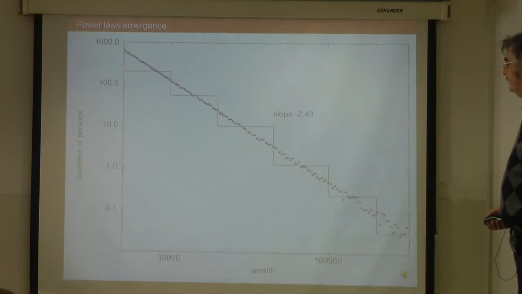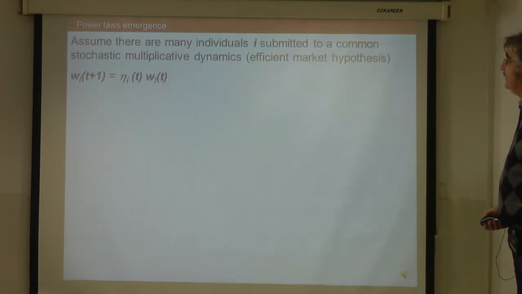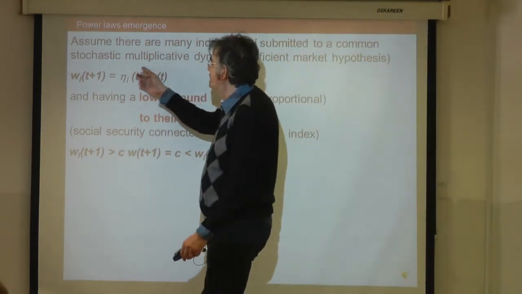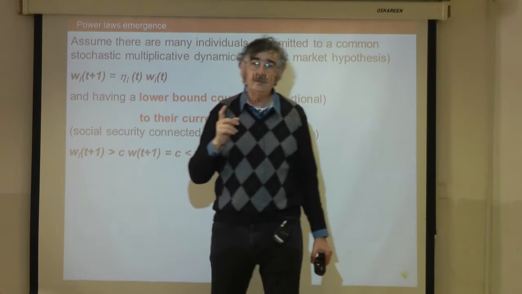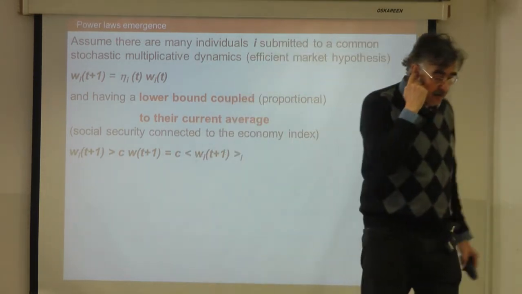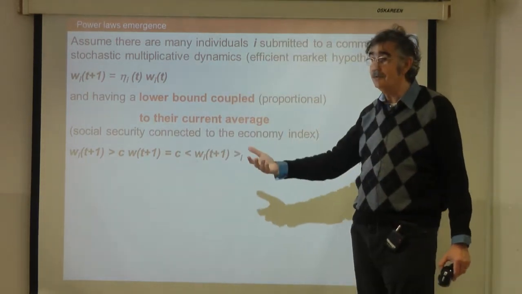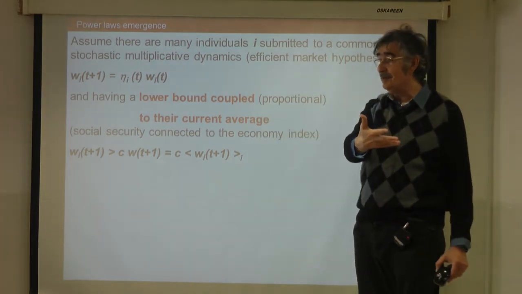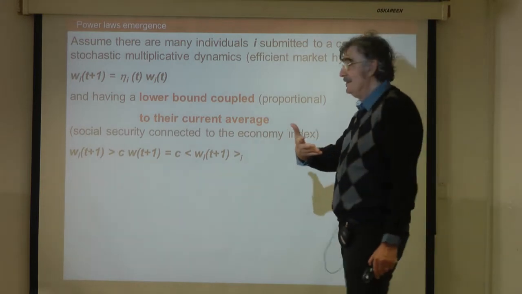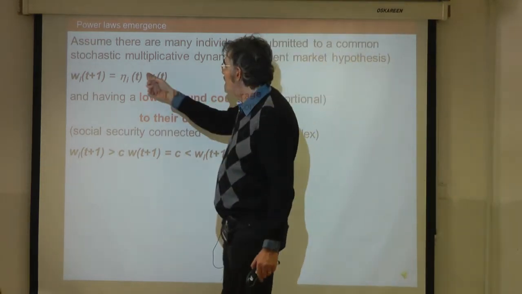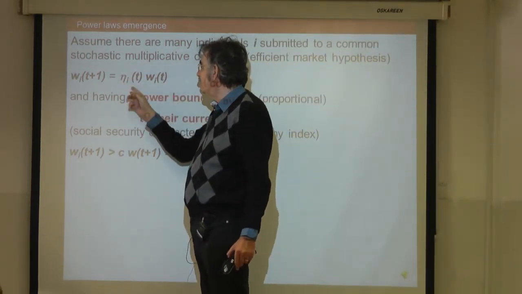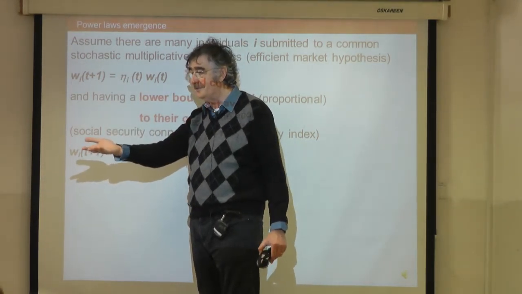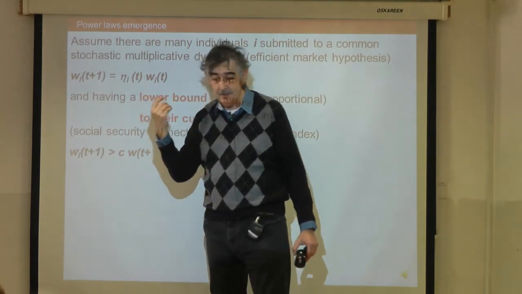So we had these things, and now as I said, I want to generalize the process in such a way that I will get it even if I do not assume that people are losing all the time, or that the cities are losing population all the time. So I want a situation in which this multiplicative factor is not necessarily more probable to be less than 1 than to be more than 1.